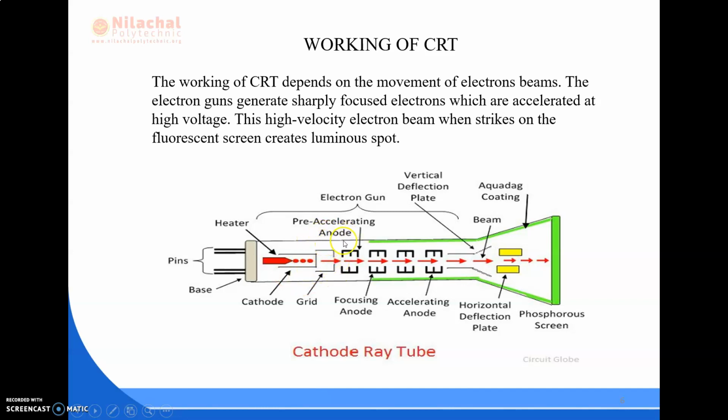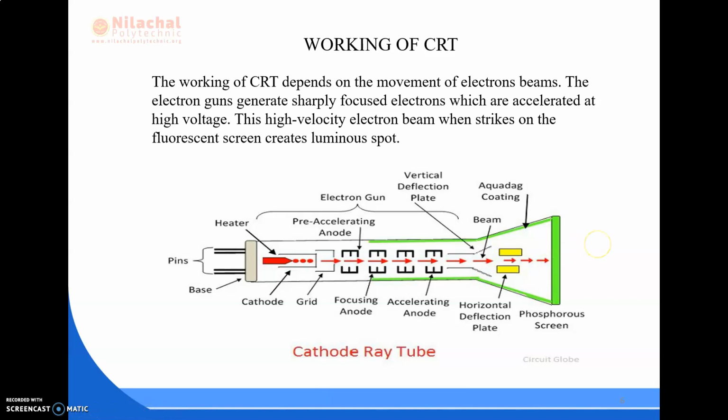There are a pre-accelerating anode, a focusing anode and an accelerating anode. These three are basically used for the direction of the beams. And next we have a vertical deflection plate and a horizontal deflection plate so that the beam can be directed to any position of the screen.